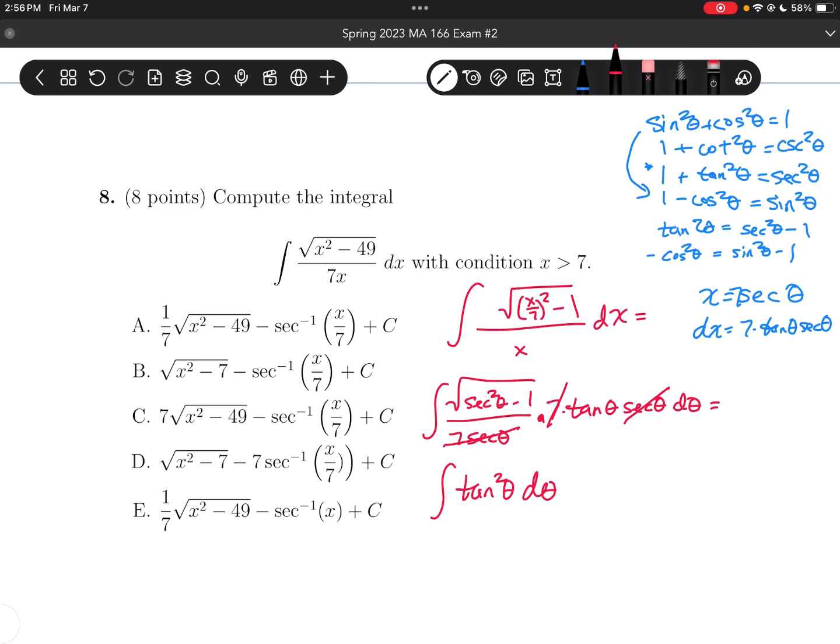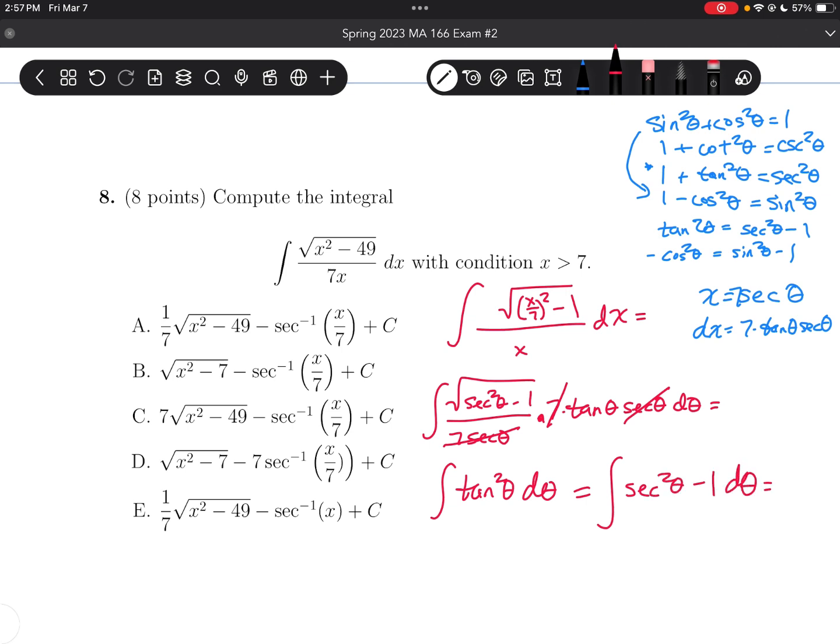Okay, however, there's no integral for the tangent squared of theta. So what I can actually do is rewrite this, again, using the Pythagorean identity. I can rewrite the tangent squared theta as secant squared theta minus 1.